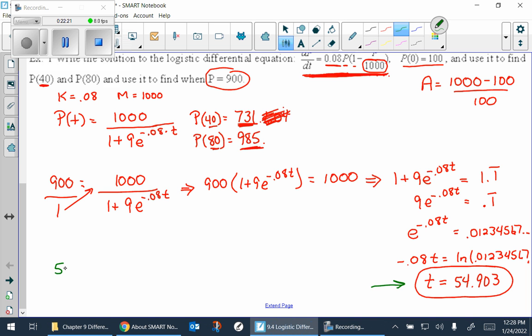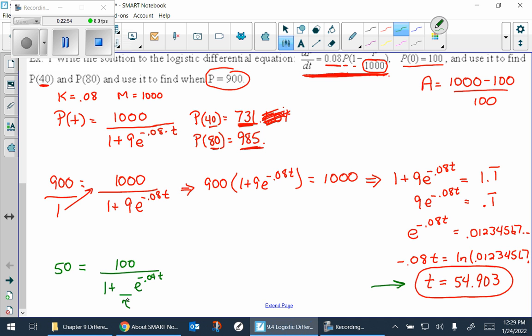So 50 would be equal to a carrying capacity of 100 divided by 1 plus, now we weren't given enough information in this most recent example to figure out what A is. E to the negative, and I think we figured out that K was 0.04 times T. We just weren't told what the initial population was, so we don't have enough information to find it.